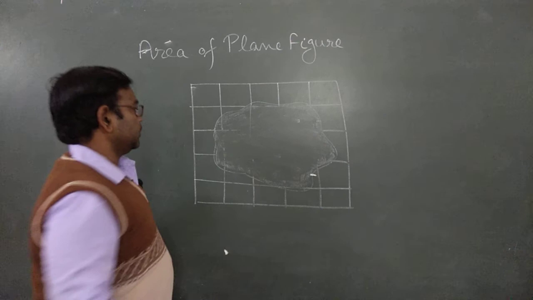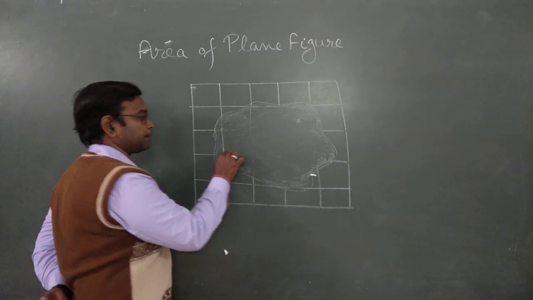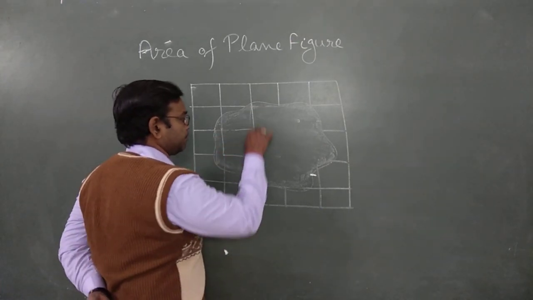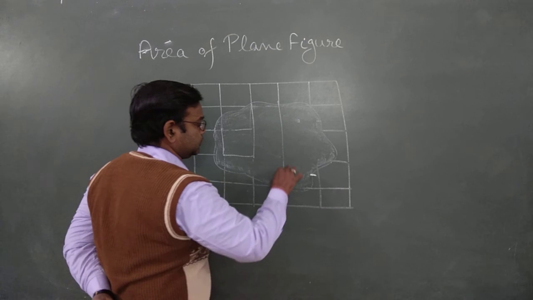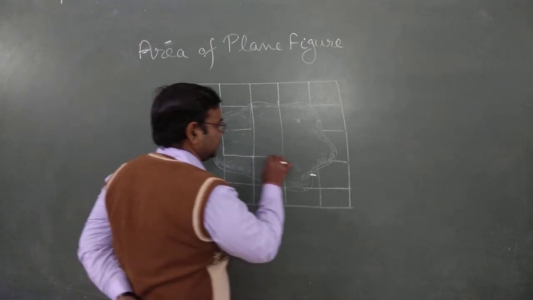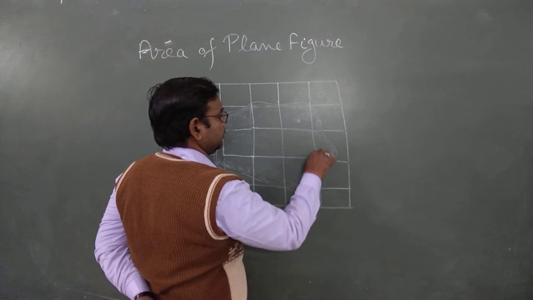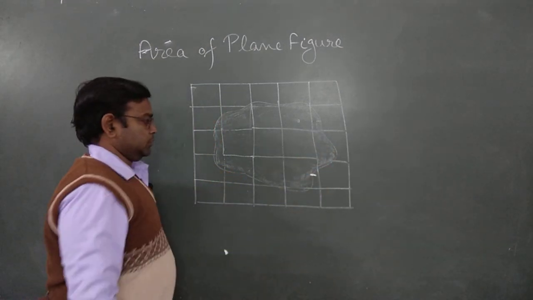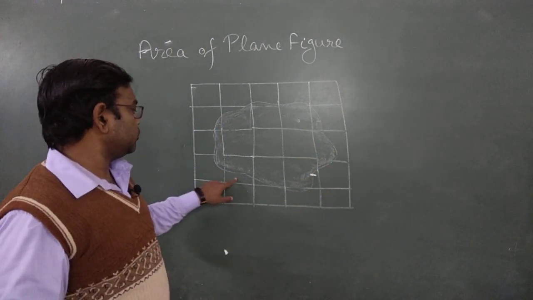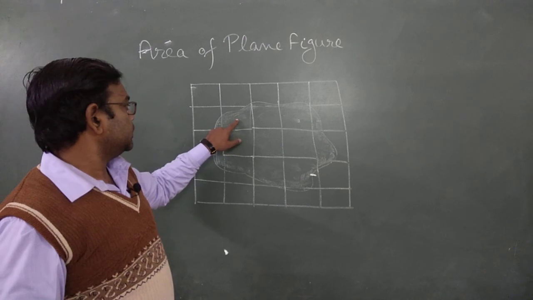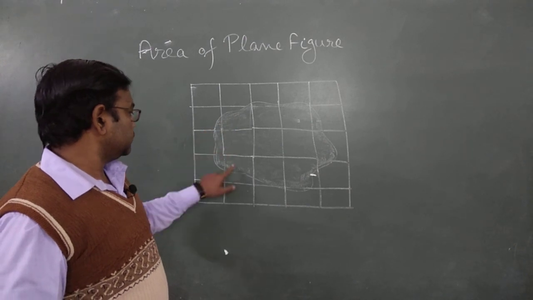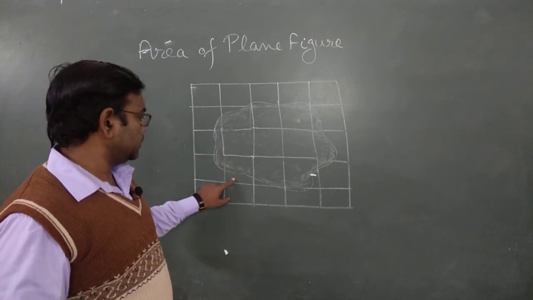First, the number of boxes occupied completely, then there is an approximation for those not occupied completely. So this is 1, these two or three consider 1.